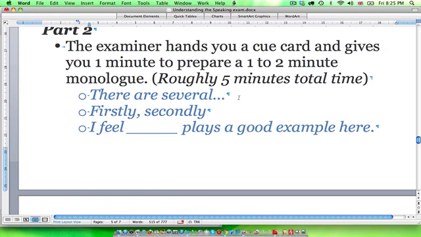Sharing examples is a good strategy to follow, because it helps, once again, you put a tangible slant on your response, and this can really help to add some weight to the overall response that you're giving to the examiner. So I feel XYZ plays a good example here. Or, for example, for instance, you can use these phrases too.